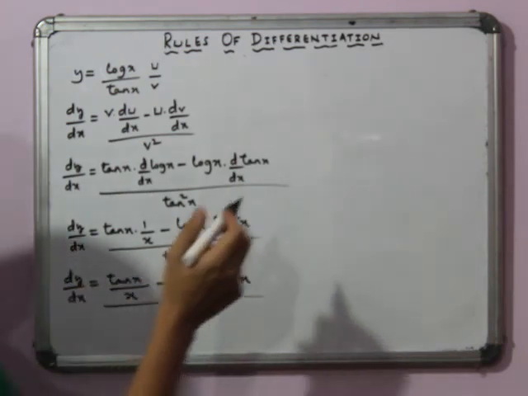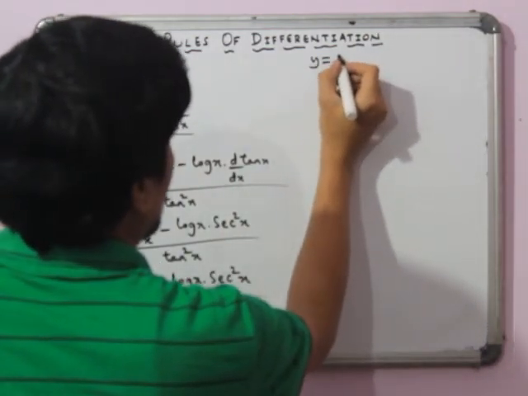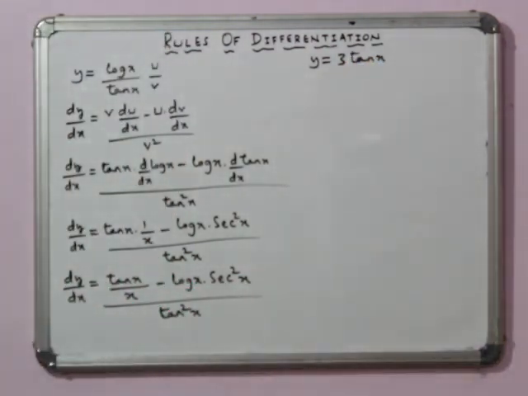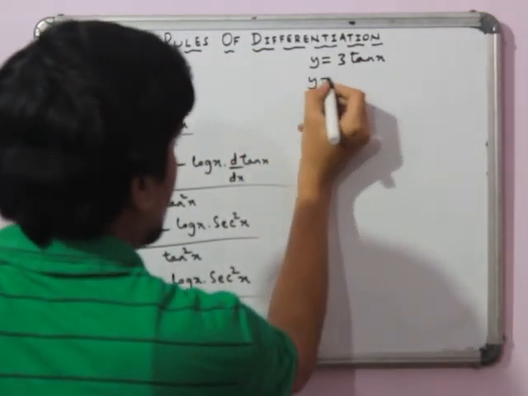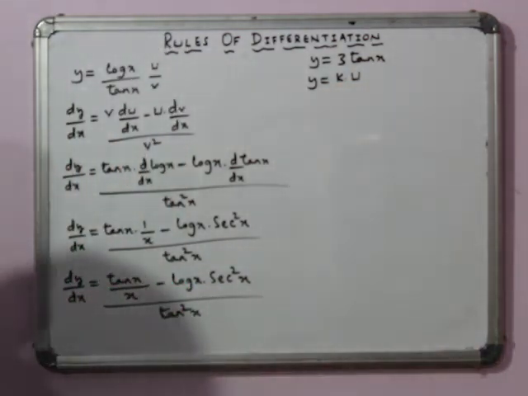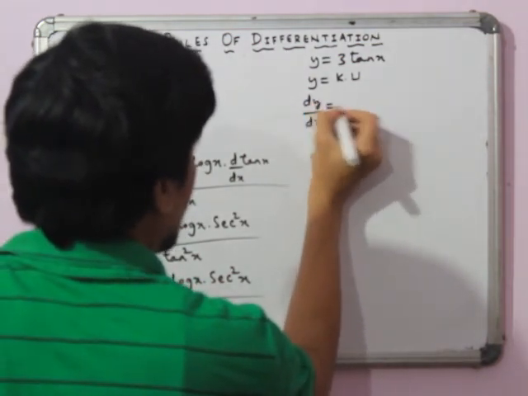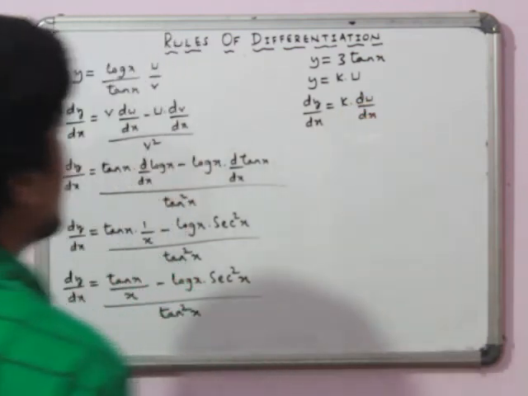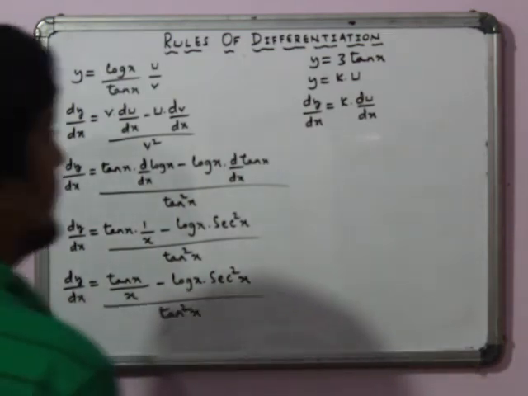So let us move on, we'll solve another example. Y is equal to 3 tan x. This is of the form constant into function. So as we discussed in rules of differentiation, the derivative of this function will be dy by dx equal to constant into differentiation of function, dy by dx equal to k into du by dx.